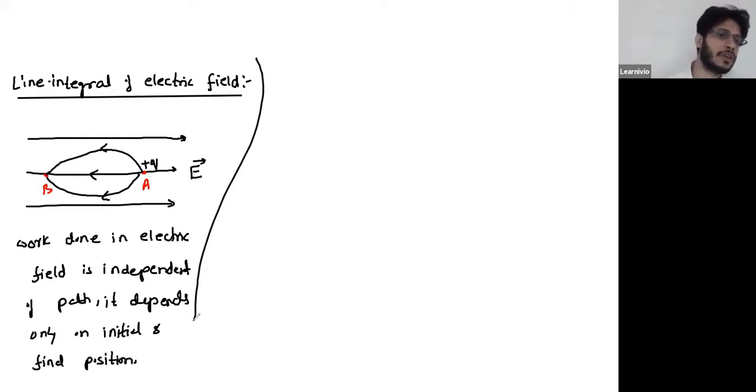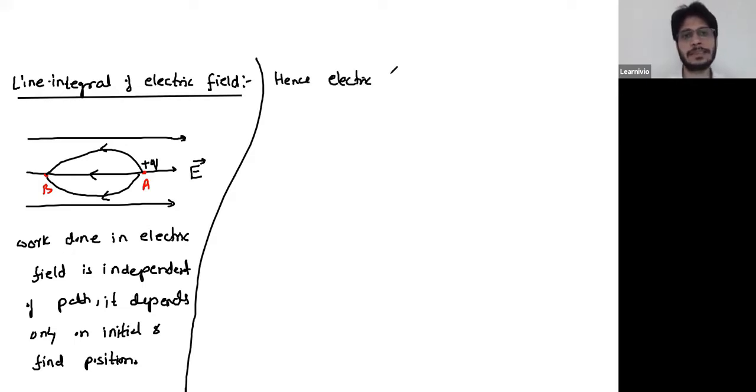It depends only on initial and final position. It's absolutely independent of path. It depends only over the initial and final position. Hence, electric field is conservative. This is the definition of conservative field.